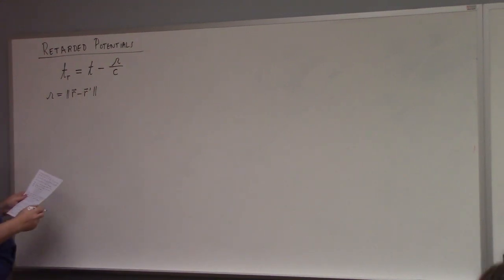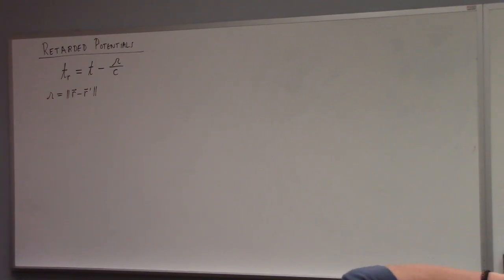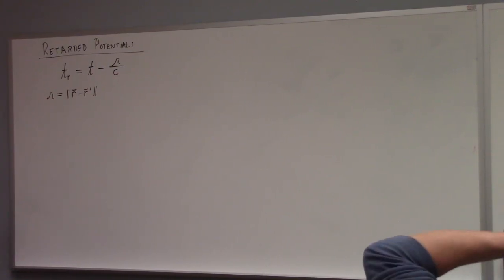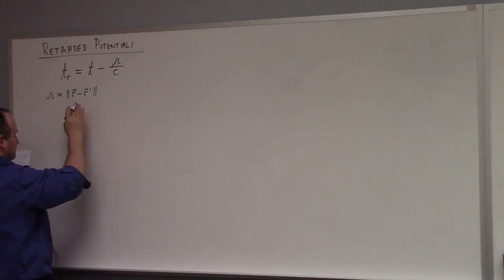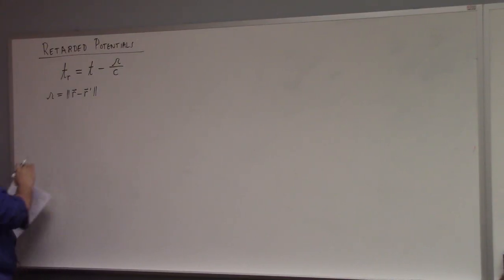The idea is that this is the time at which the field point would get information about the source point. It's tracking back in time, the time before the time you're at. If there was a signal moving at light speed from the source point, then that would get to the field point.